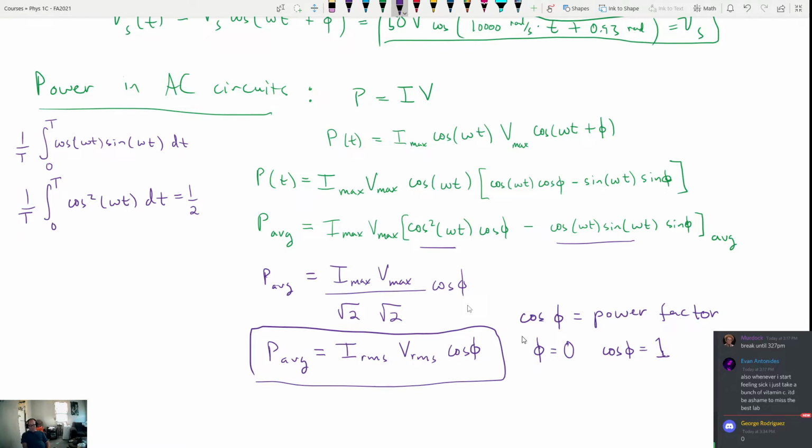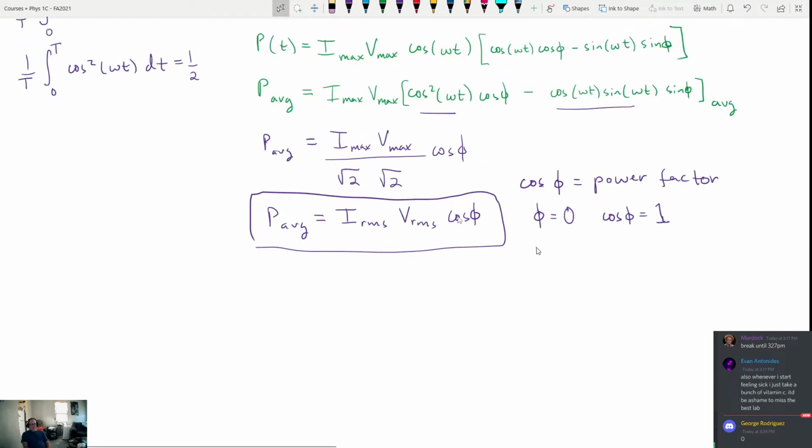Okay. Now, we can write this in a slightly different way, because we also know that cosine phi, as we saw above, was equal to the ratio of the resistance of the circuit divided by the impedance of the circuit.